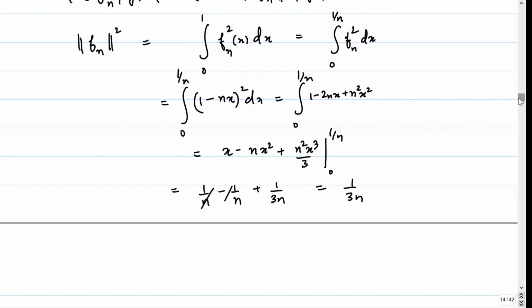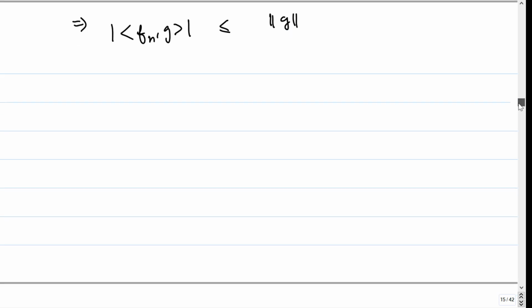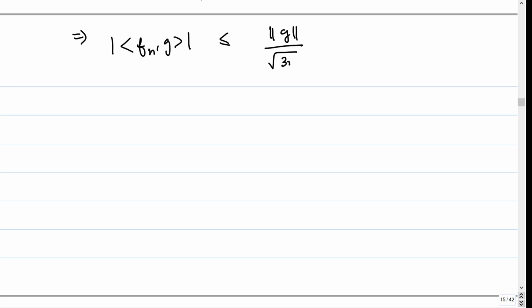So what does this mean? This implies that the modulus of the inner product of Fn with G is less than or equal to the length of G times the length of Fn, which is explicitly equal to the square root of 1 by 3n. But notice that for n very large, what can we conclude? The length of G times the square root of 1 by 3n is less than 1.